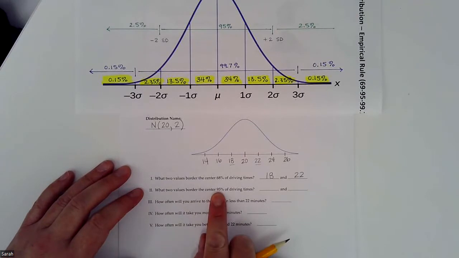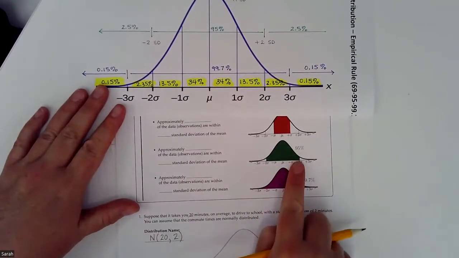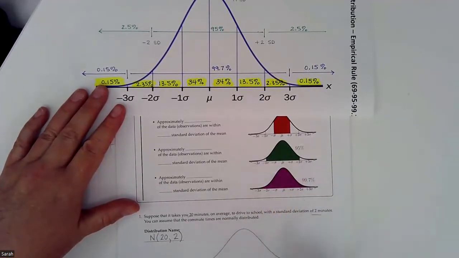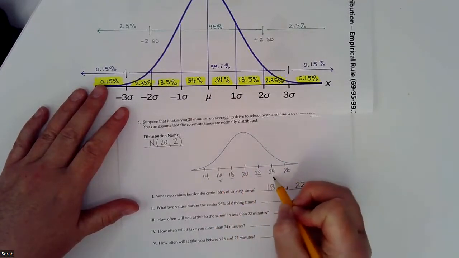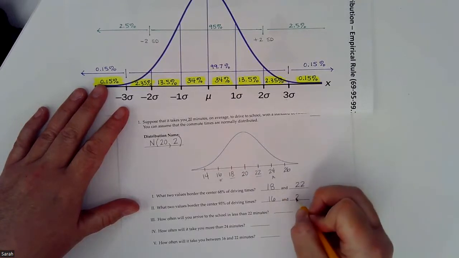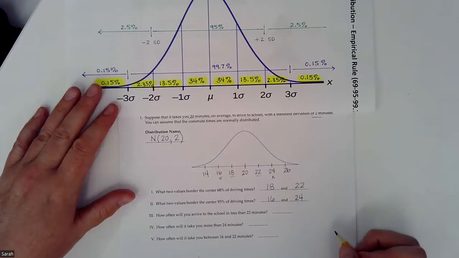Which two values border the center 95%? So that center 95% is the 2 standard deviations below and the 2 standard deviations above. So that's going to be the 16 and the 24. So 95% of the time, it's going to take you somewhere between 16 and 24 minutes.